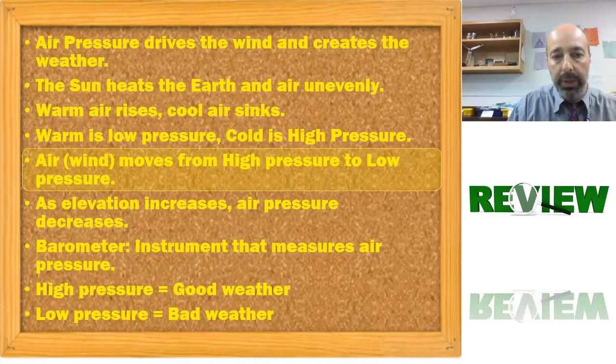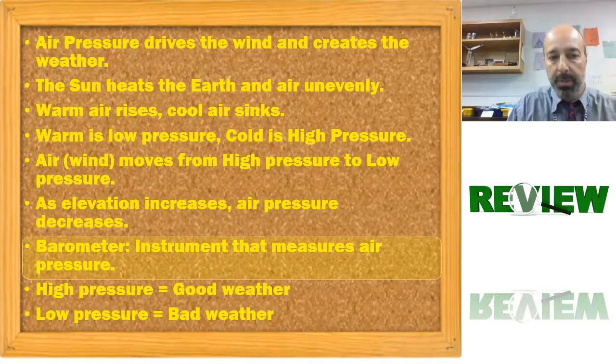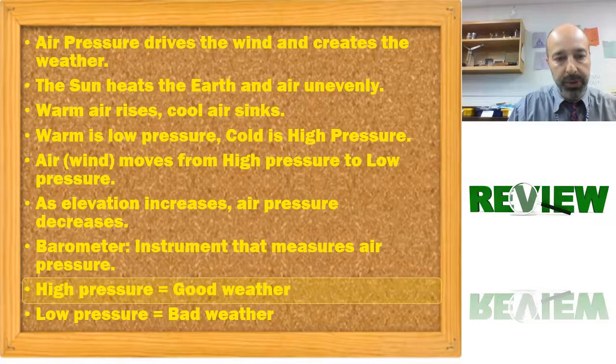Air or wind moves from high pressure to low pressure. As elevation increases, air pressure decreases. A barometer is the instrument that we use to measure all this stuff. And high pressure equals good weather, low pressure equals bad weather.